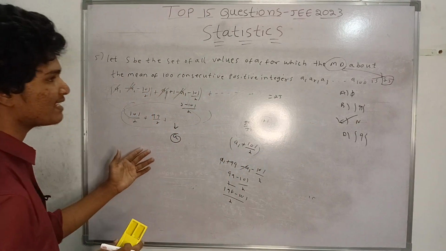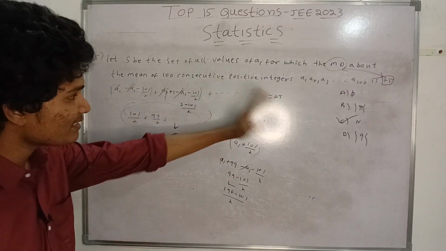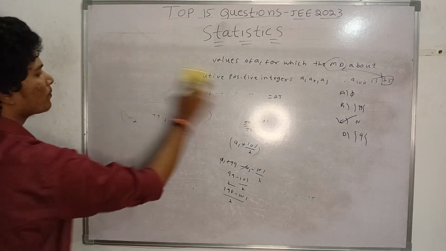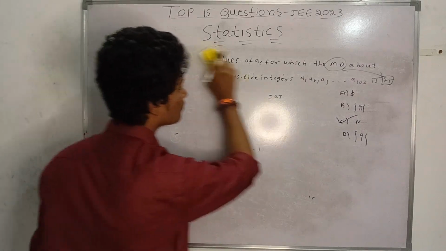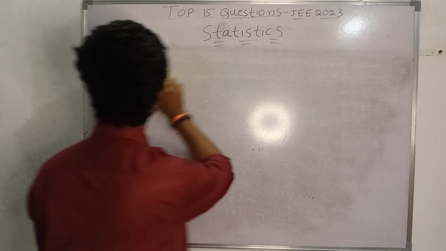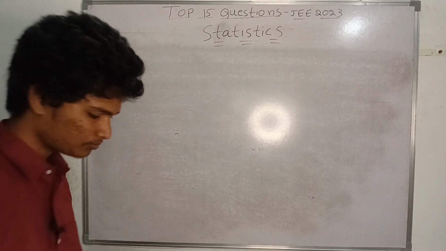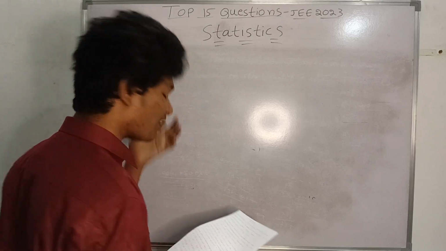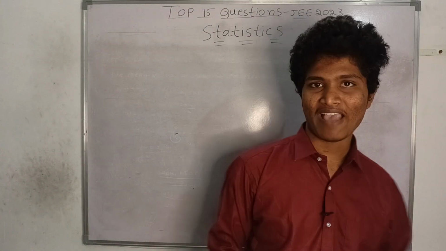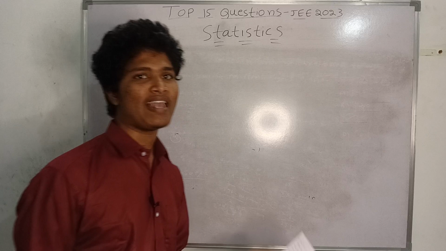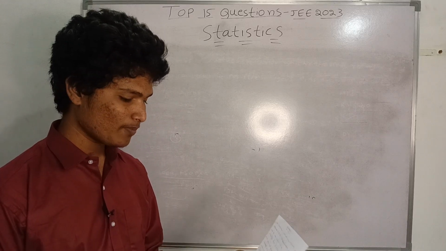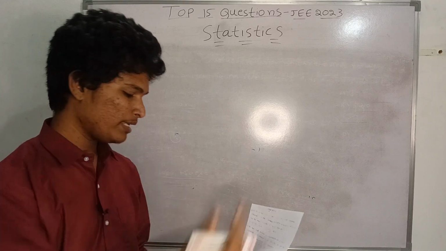So it is independent. That is the reason why the answer is n here. So for every natural number this equation is valid. So there is no restriction for the values of A.